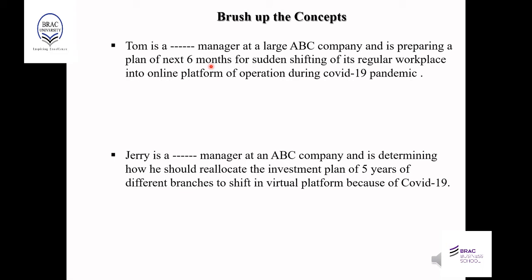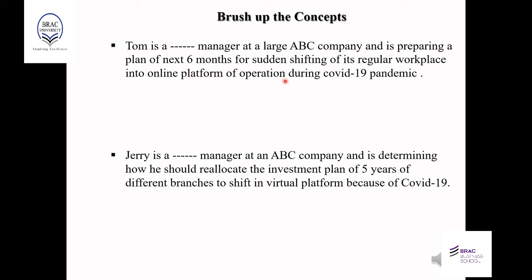The mid-level managers prepare the plan for in between 1 to 5 years. And the first line managers are responsible to prepare the plan for below 1 year. So here Tom is preparing the plan for 6 months, which is below 1 year. So we can say that he is a first line manager and he is doing the planning task.